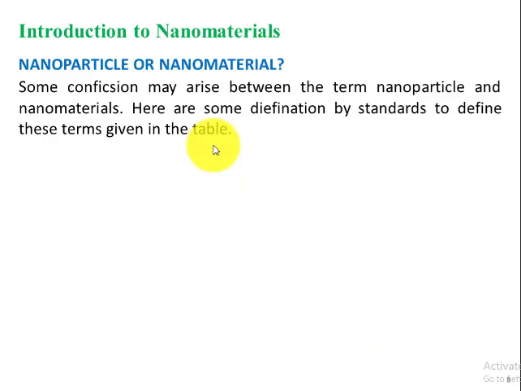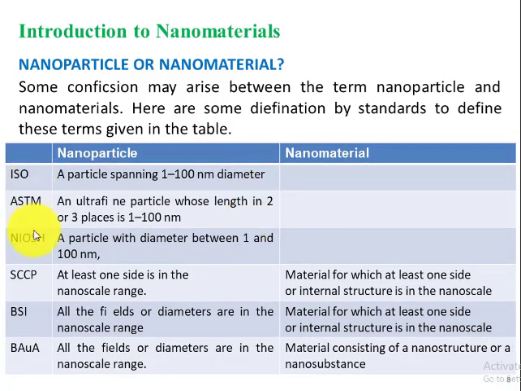There is a question, nanoparticle or nanomaterial. Sometimes when we read the literature, we can see both of the terms, nanoparticle or nanomaterials. Here are some definitions by standards to define these terms, given in the table. These are organizations like ISO, International Standard Organization, ASTM, NIOSH, SCCP and some others.